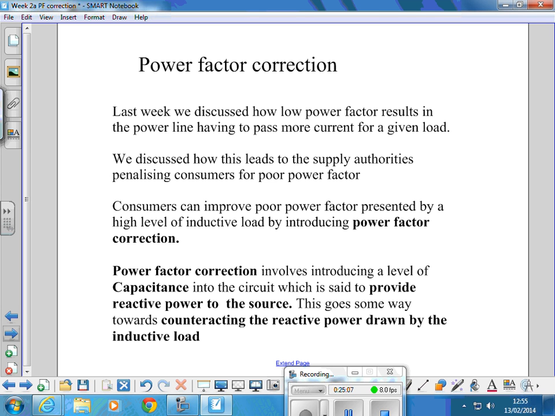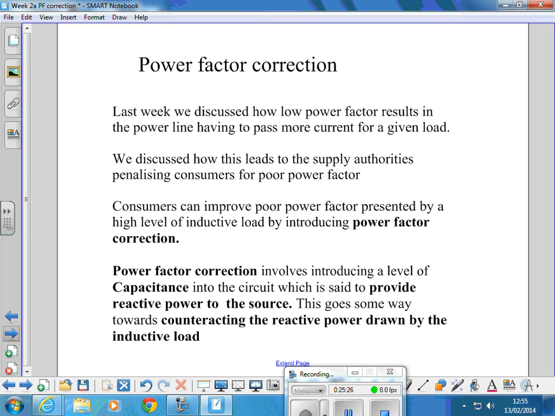Okay. So, a little bit more about that now as well. Right, last week, power factor correction. Last week, we discussed how low power factor results in a power line having to pass more current for a given load.